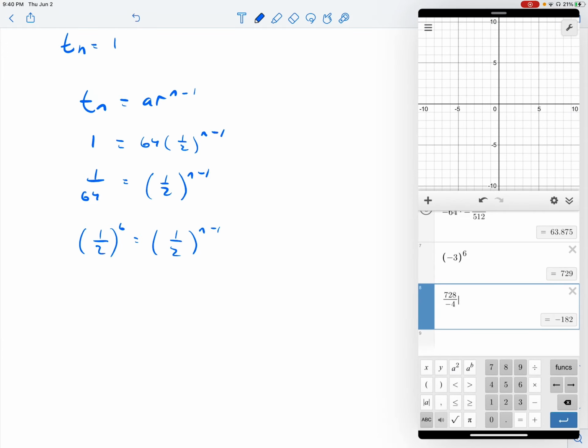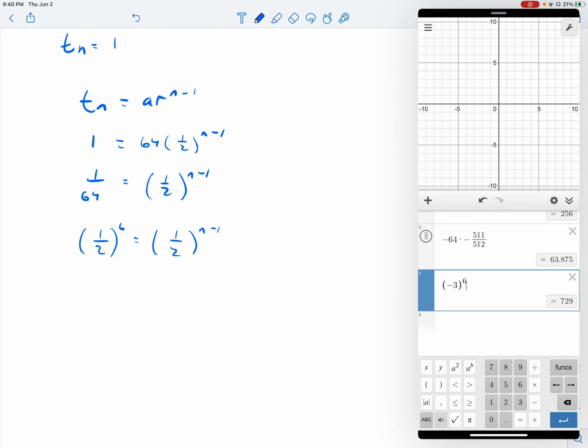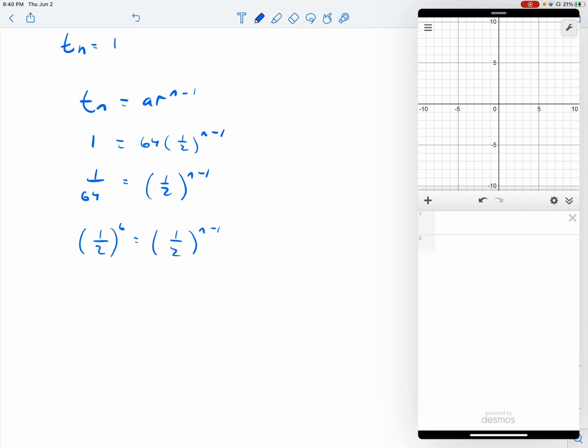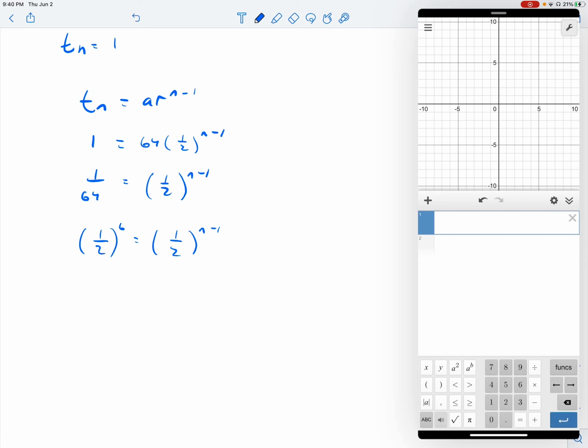If you're ever not sure, you could just use your calculator. We just go 2 to the 6. Yeah, 64. So 1 over 2 to the 6 will be 1 over 64.